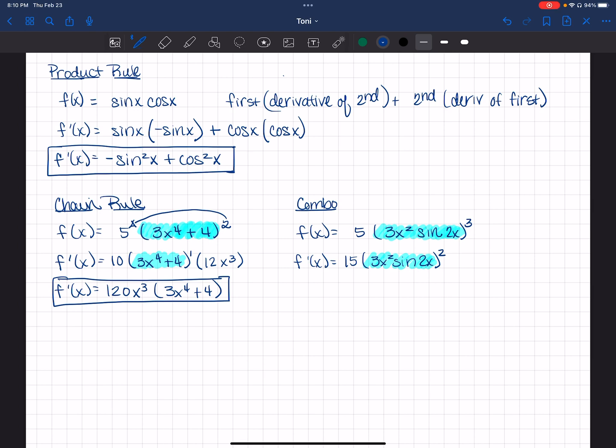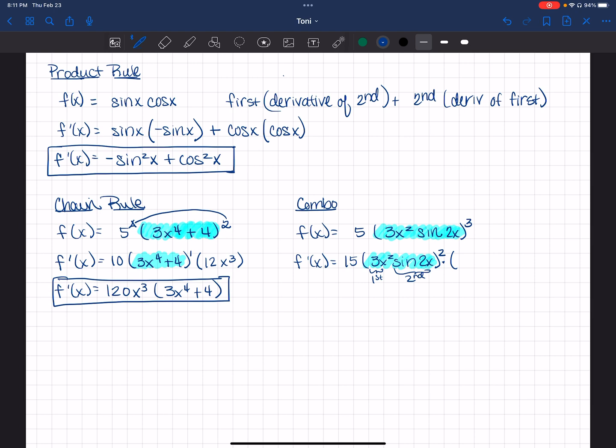I've got to take the derivative of 3x squared sine 2x. That's all I'm looking at is the blue part. So times, okay, now that's a product rule. Here's the first, here's the second, and that second actually has what in it? It actually has another chain in it.